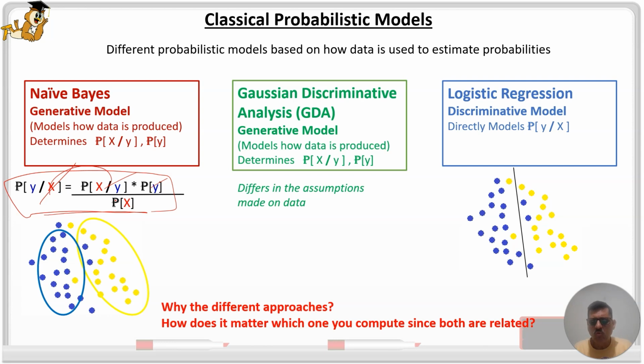I mean, what's the big deal? That's the question that should be bothering you at this time. Why are there different approaches? And I'm going to spend some time explaining why there are these different models. And although all of these probabilities are related with Bayes' rule, why does one model work better than the other in certain scenarios? That's what I'm going to explain to you in the next slide.